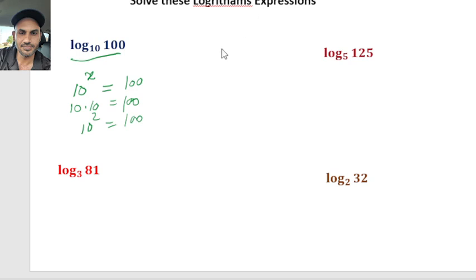So the log of 100 with base 10 is equal to 2. You can use the calculator if you want, but this is another way of solving the logarithm expression, using the exponent form.